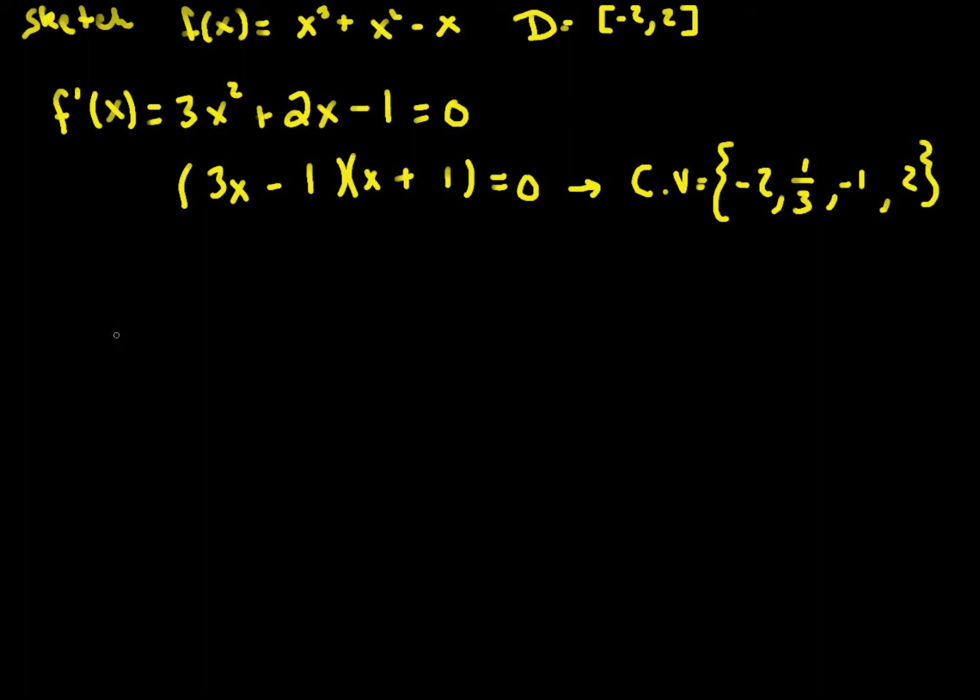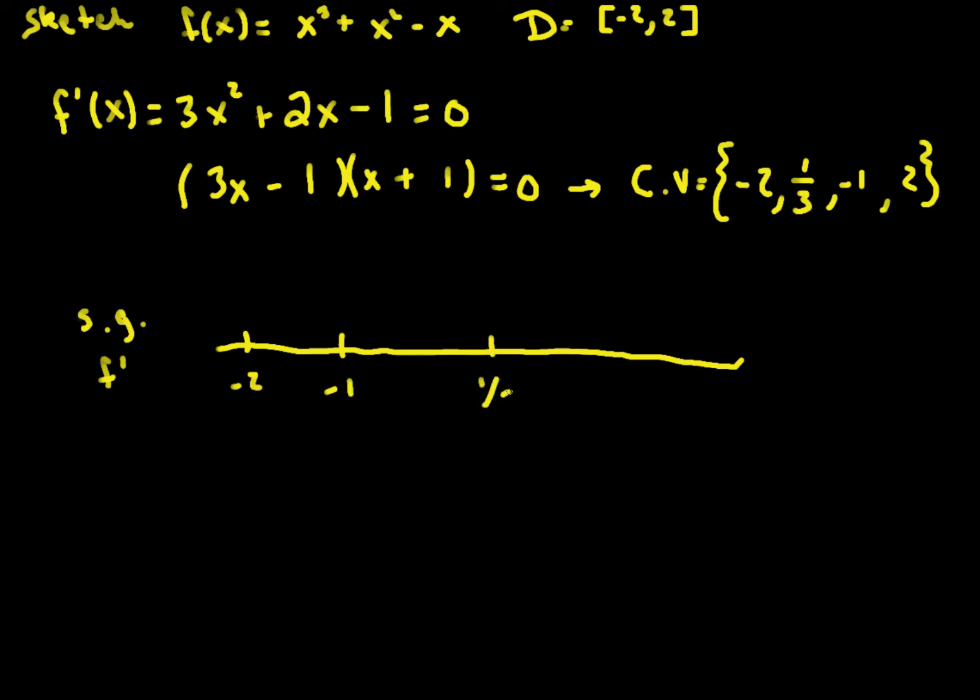And if I want to make the sign graph of f prime, then my endpoint, negative 2. We have our first critical value of negative 1. We have our second value of 1/3, and then our final critical value at the endpoint of 2. And so we need to check the sign between negative 2 and negative 1, negative 1 and 1/3, and 1/3 and 2.